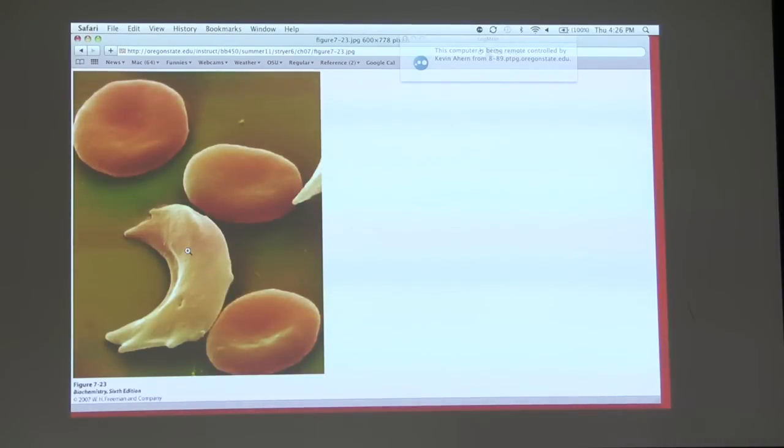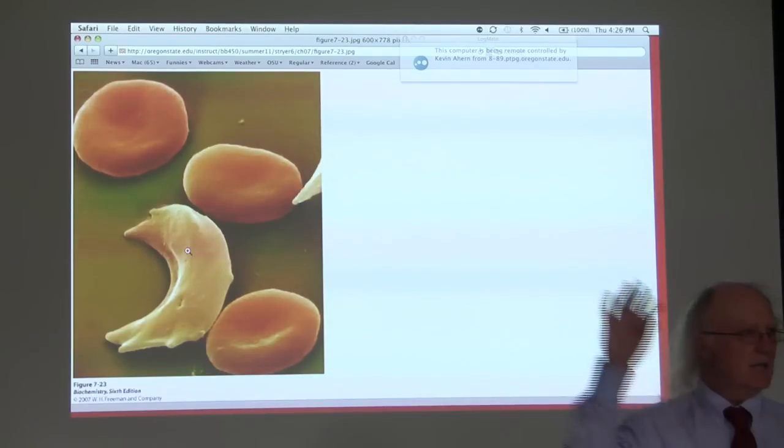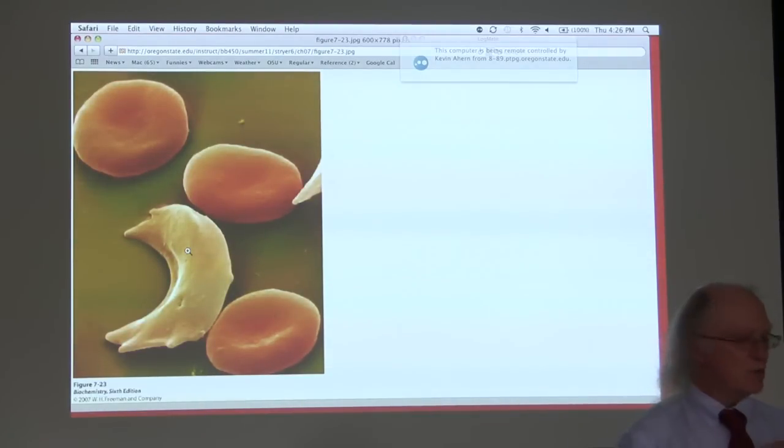And when people then took that information and examined the survival of people who had at least one gene for sickle cell anemia, what they discovered was that people who were heterozygous for it, that is, they had one good and one bad gene, had a greater likelihood of survival of malaria than if they had either 2 good genes or 2 bad genes.